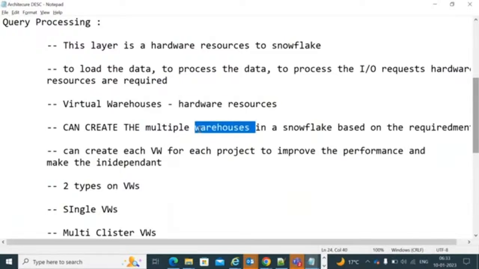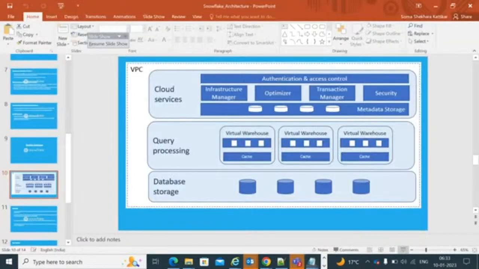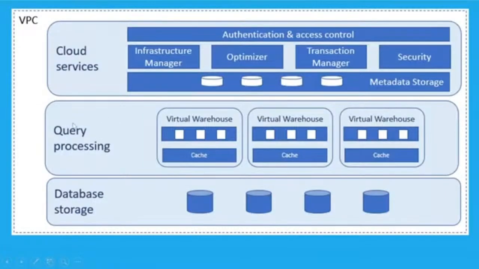See here, till here you are clear? I will tell you. This query processing layer is a virtual warehouse, which is a compute layer, and this is a hardware resource to your Snowflake. It is required to process all your requests in your Snowflake.